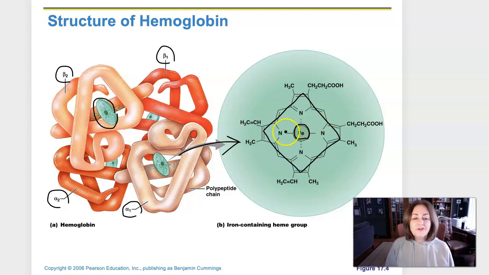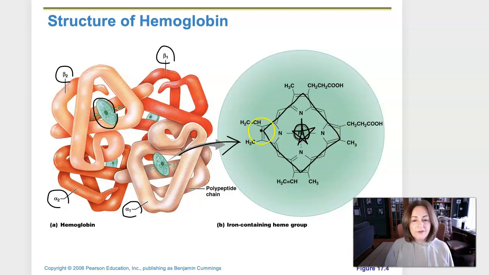So when oxygen binds to hemoglobin, it binds right on the iron atom. So, bullseye. It's easy to remember. That's where the oxygen is going to bind, and that's where it's going to dissociate when it leaves hemoglobin and goes into tissue.